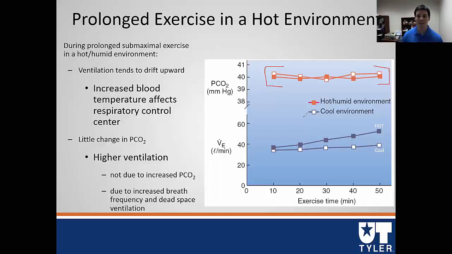So this increase in ventilation is due to the increase in body temperature, which indirectly is also an increase in blood temperature, which directly affects the respiratory control centers and will be the part of the next video. Because there's little difference in PCO2, this suggests that ventilation increases due to breathing frequency and dead space ventilation, and not actually PCO2 and O2 mediated.